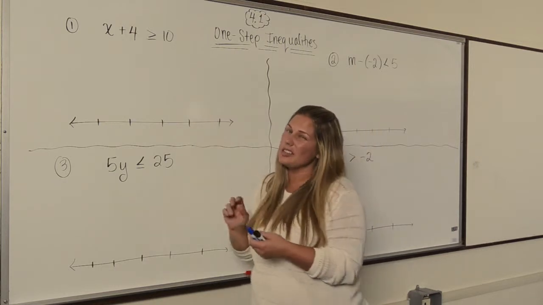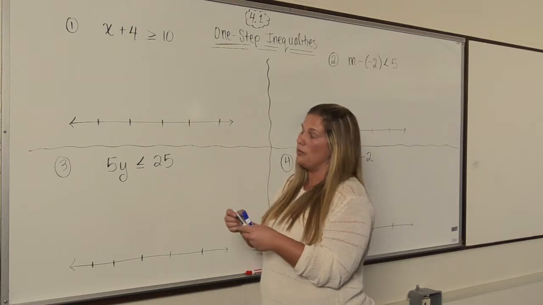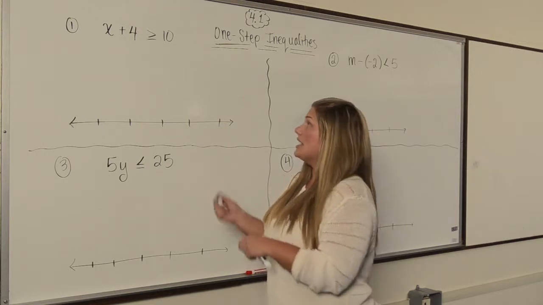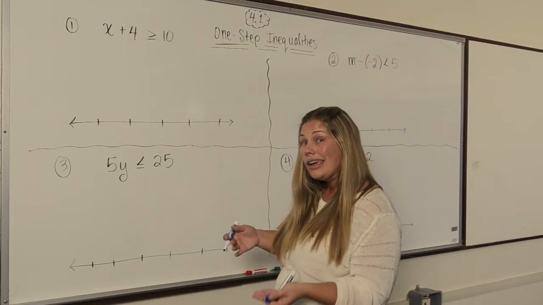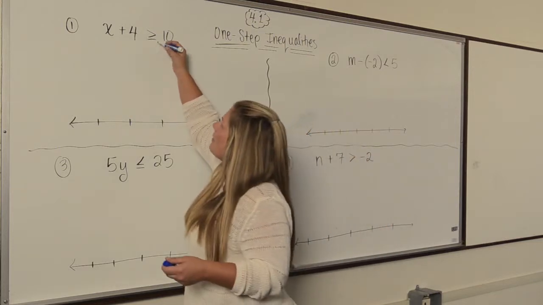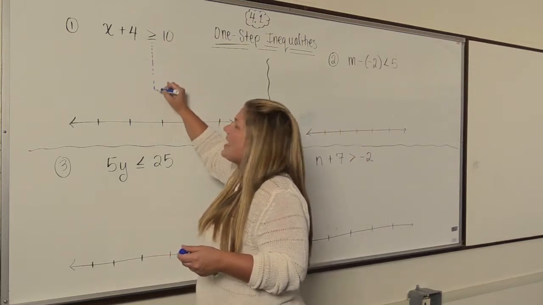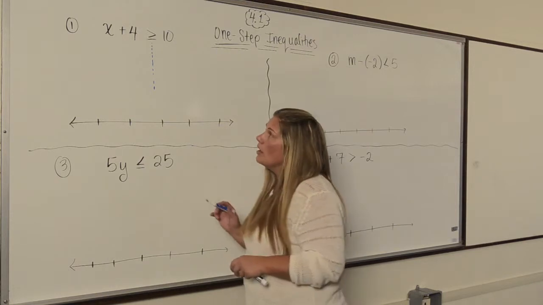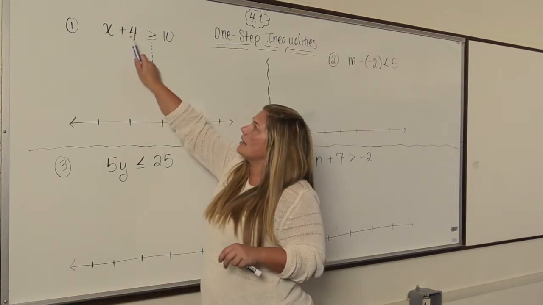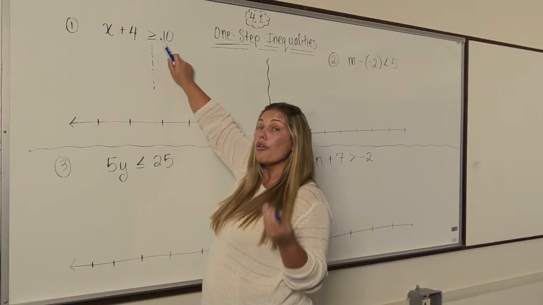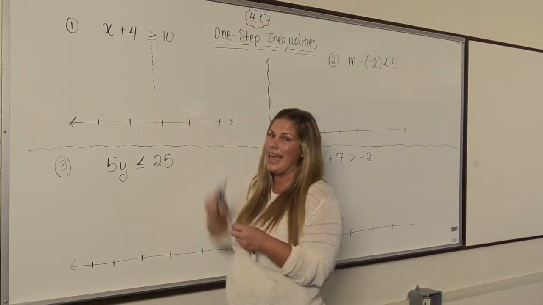So you're going to solve these problems exactly the same way we did when we solved equations. Instead of the line going down through the equal sign in the center, now we're going to have that line going down through the inequality sign. The way I would read this is saying x plus 4 is greater than or equal to 10.